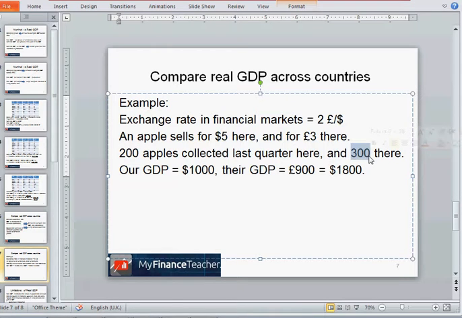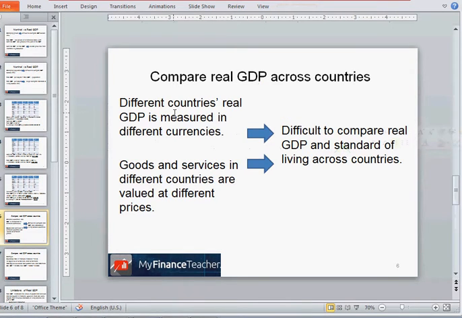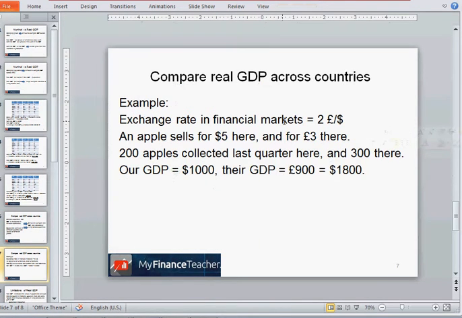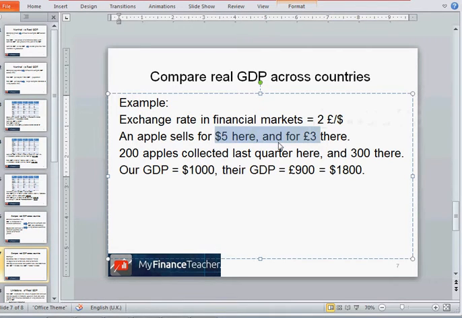Hence, as we said, there are difficulties in comparing standard of living across countries using real GDP values. And the difficulty is, as we mentioned, due to the difference between the actual purchasing power of the currencies versus the exchange rate of those currencies at the financial markets.